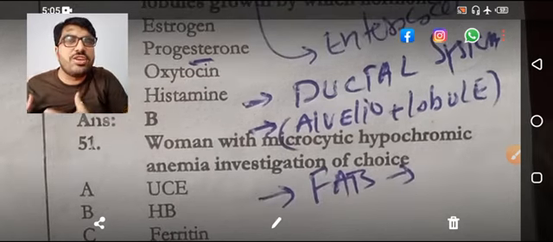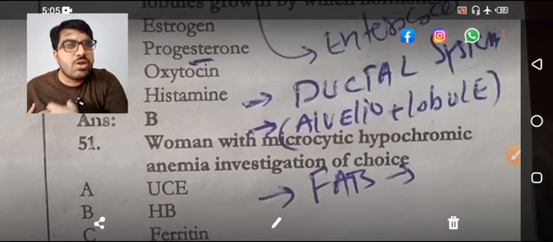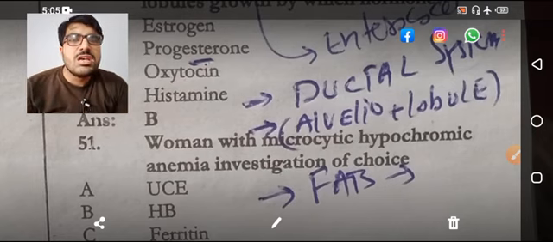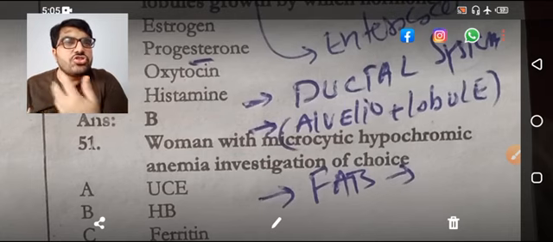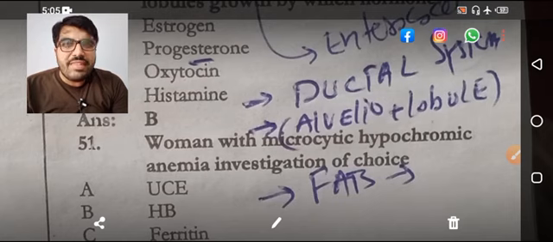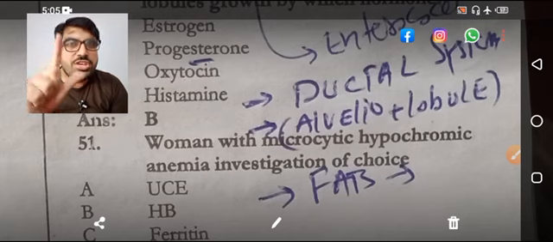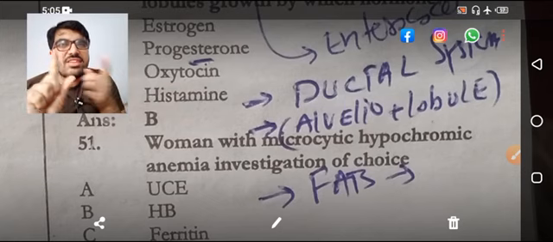The other is the conducting system of the breast, which is by estrogen. The parenchymal system of the breast is made by progesterone. During pregnancy there is no lactation because of the inhibitory action of both estrogen and progesterone. If both are missing, then the answer is estrogen.